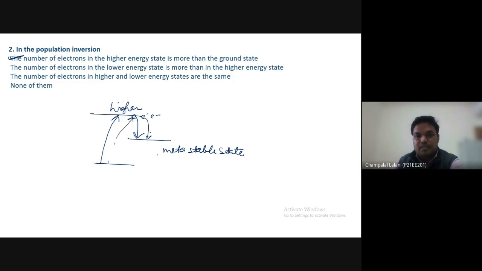And then when they come to this metastable state, they all are in the same phase. And this process of accumulating more electrons in the higher energy state is called pumping. And this large number of electrons come into the metastable state at the same phase, and they are like a coherent system. So they make the light coherent.